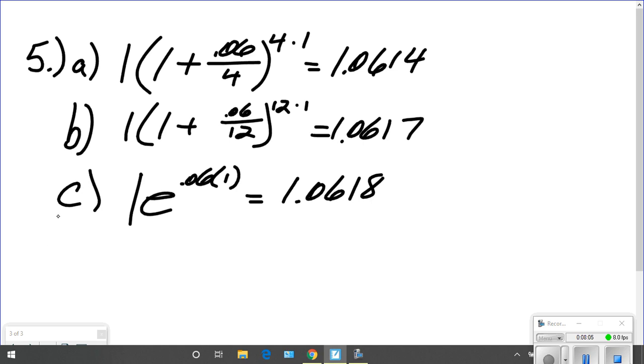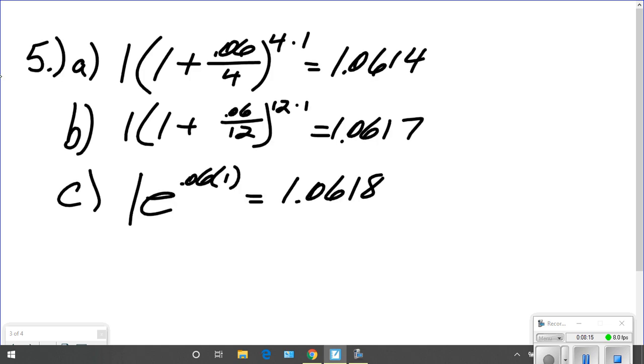Sweet. Let's move on. Number 6. Repeat exercise 5 if the rate is 8%. Okay, so here we go. Number 6, if the rate is 8%. The answers were for A, 1.0824, and of course, I would want to see your equation for that.